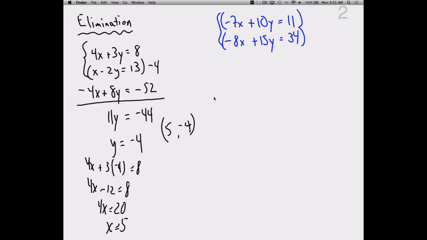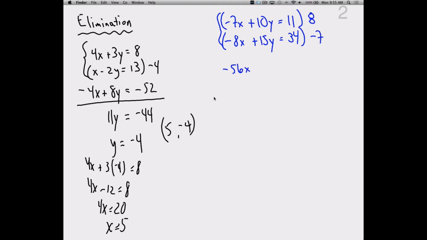Eight is a good call. And what would you like to multiply the bottom equation by? 7. Close. Negative 7. Why? So then we can subtract. Excellent. Add it. Okay. Upgrade it. I like that.